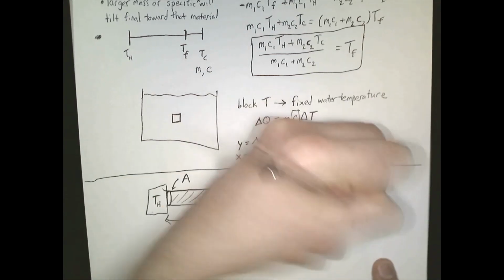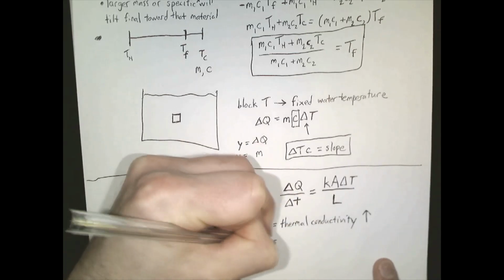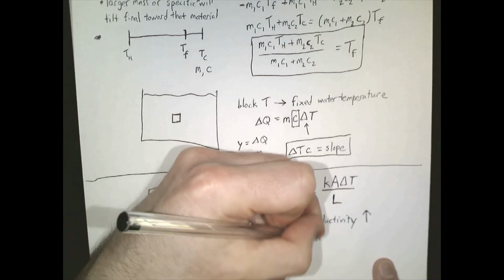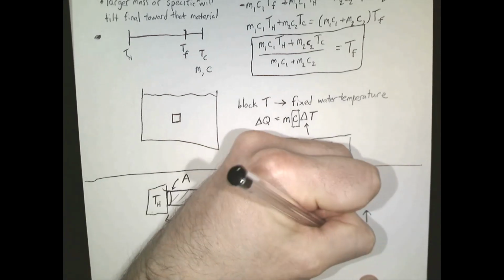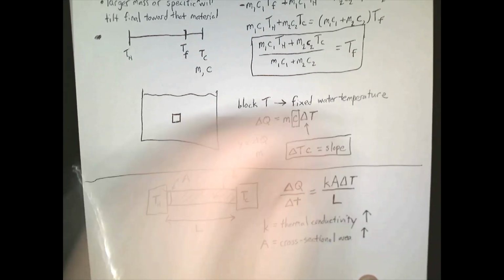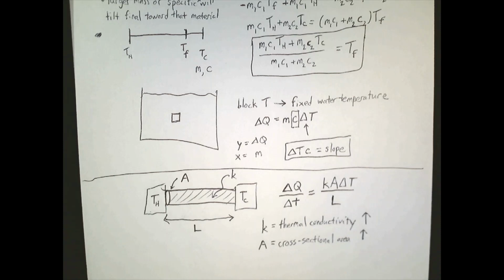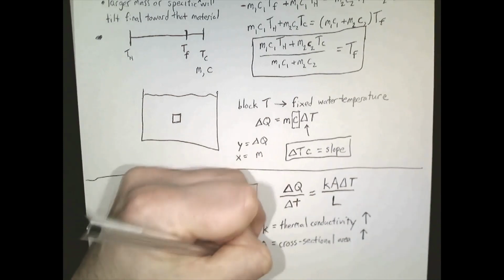So this is directly proportional. A is the cross-sectional area. That is also going to be directly proportional. If I have a larger tunnel, more heat can essentially fit through, so to speak, this tunnel.